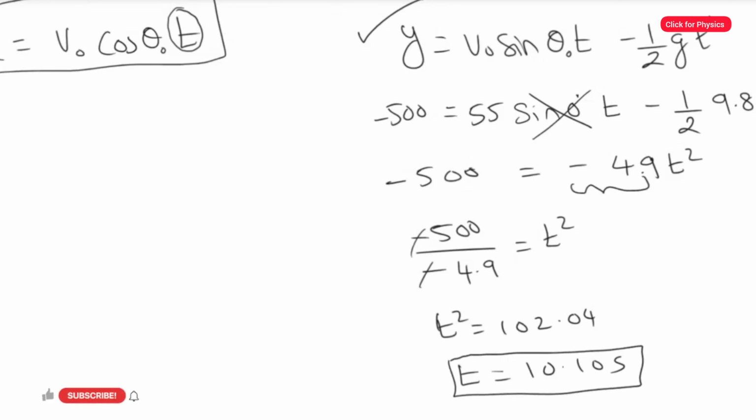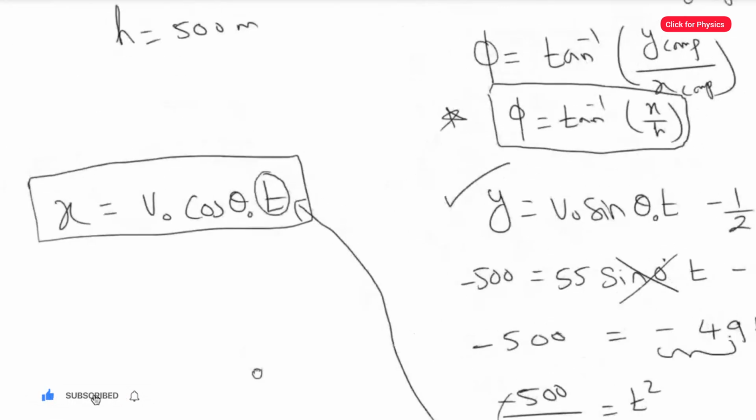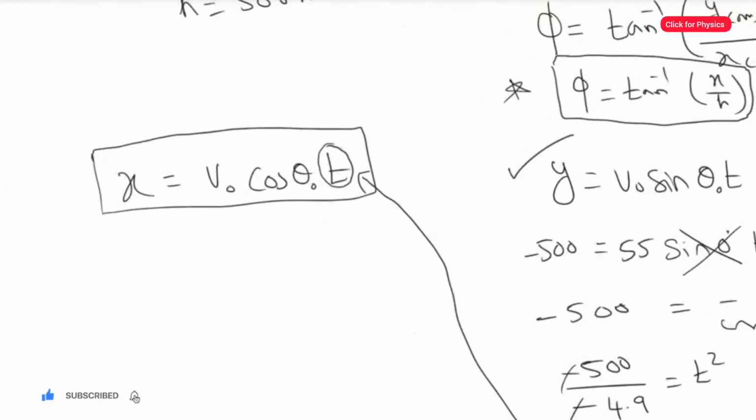Now for finding the value of x, I'm going to substitute the value of t here, and we will get the answer for x. So x equals the initial speed of the aeroplane, 55 meters per second, times cosine of theta naught, which is 0 degrees, times the time, which we got as 10.10.